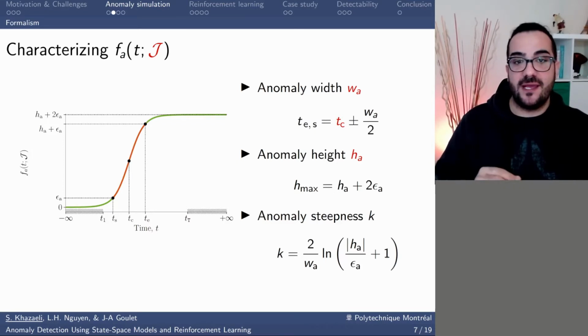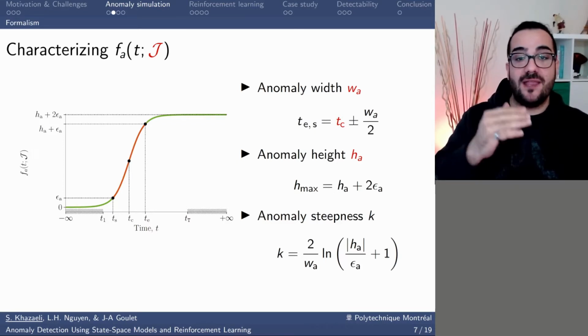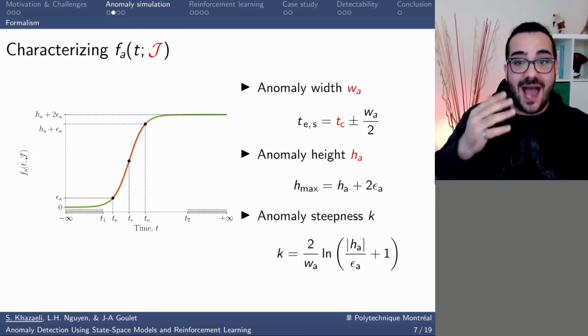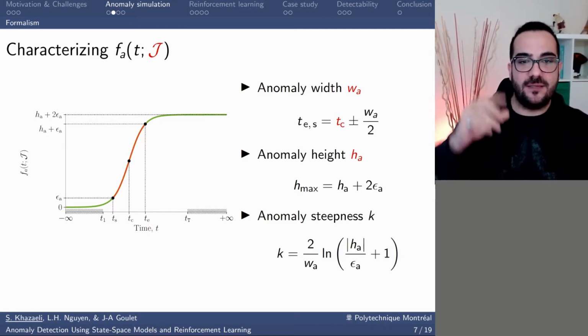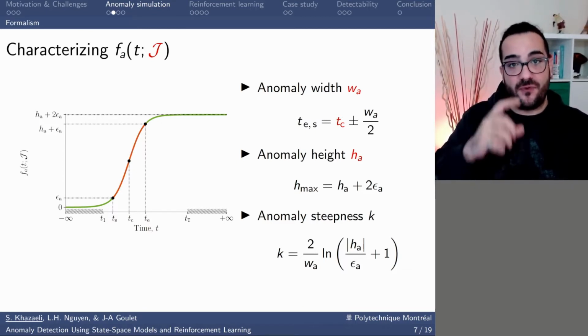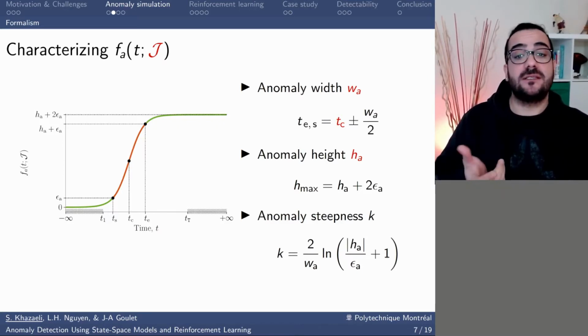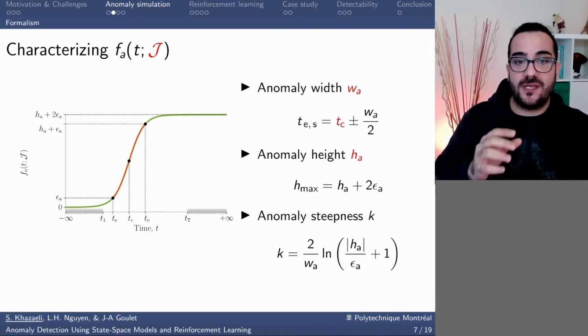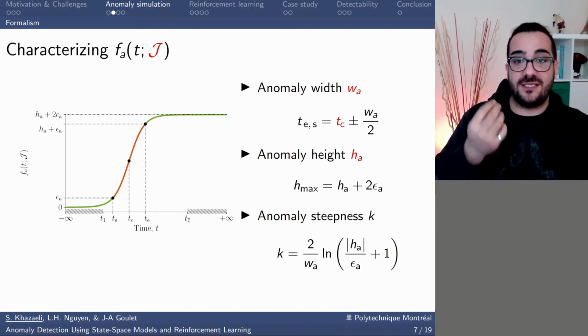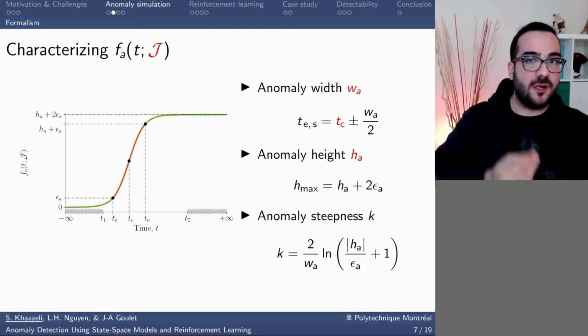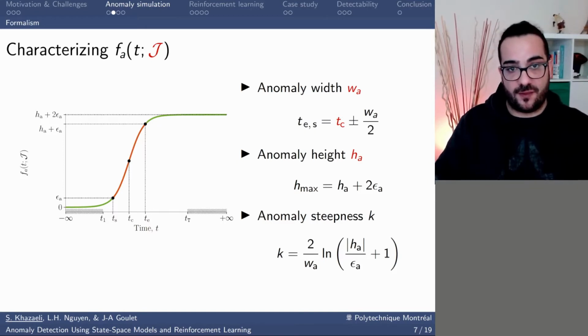The epsilon a is the error due to the start and end of the anomaly, and therefore the actual height of the anomaly is a bit less than the maximum height of the function and can be easily calculated. Last but not the least, by doing some math, we can obtain the expression for the steepness as a function of the anomaly height and anomaly width.